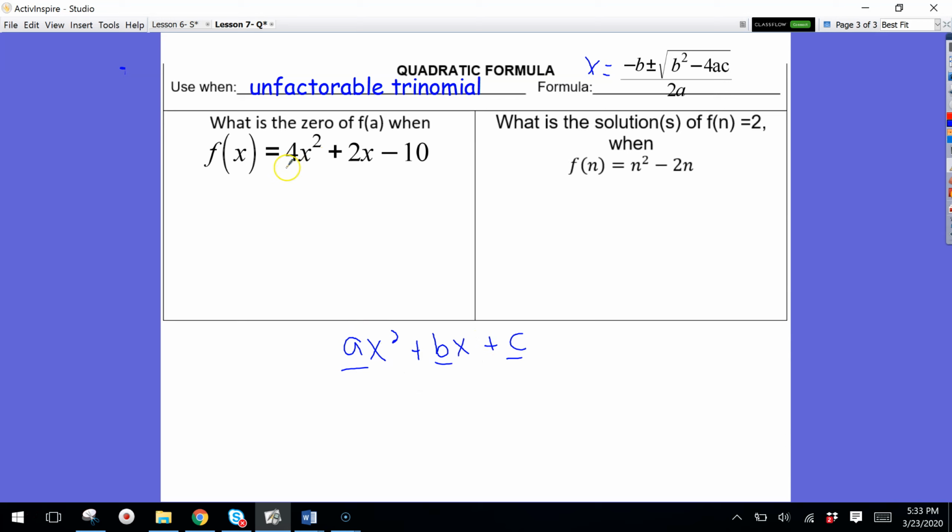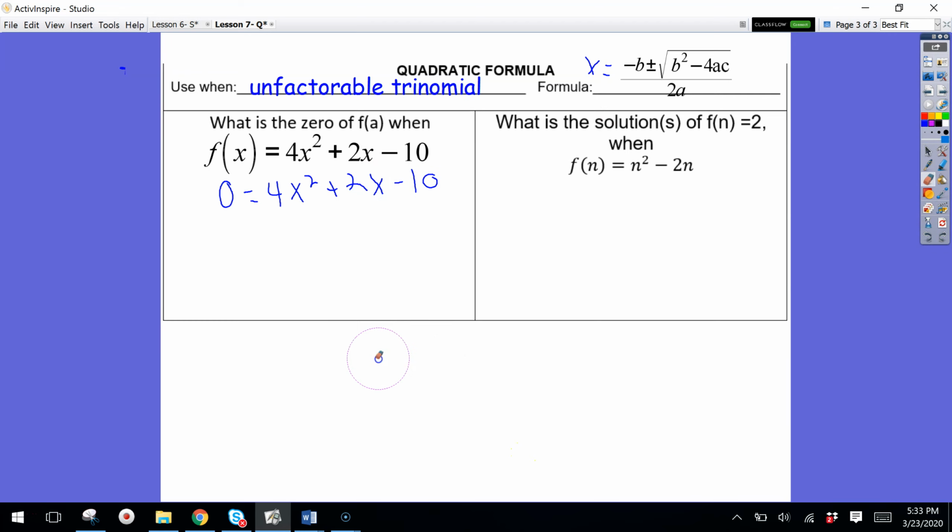So let's go ahead and in this equation, the first thing we're going to do obviously is set equal to 0. The quadratic formula only works for finding a 0. So if it's not finding a 0, you have to move everything over, just like with factoring, to find a 0. So we're going to label our a, b, and c.